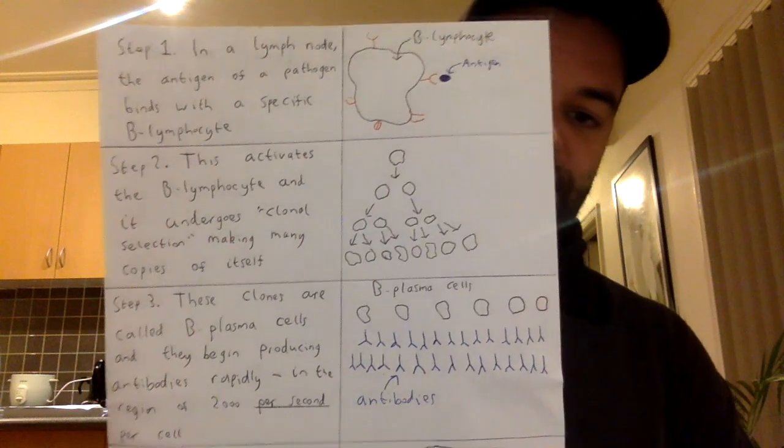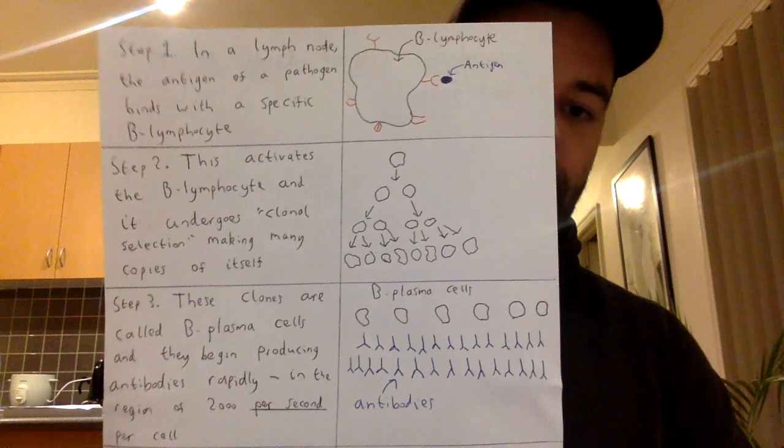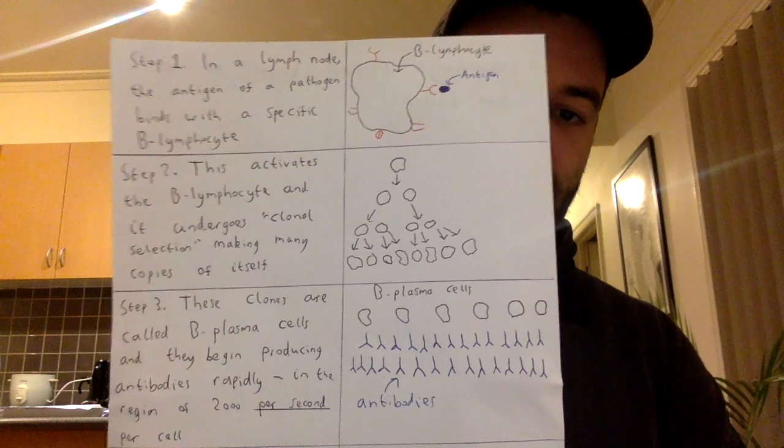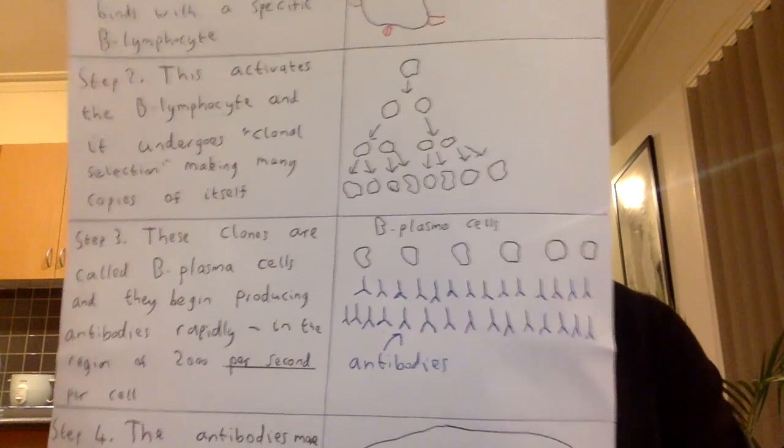And then stage 3 is these clones, which we call B plasma cells, begin producing antibodies really rapidly. And by rapidly, I'm talking in the region of 2,000 per second per cell. So maybe hundreds, maybe thousands, maybe even millions of these B plasma cells, and all of them are producing 2,000 antibodies per second during a response.